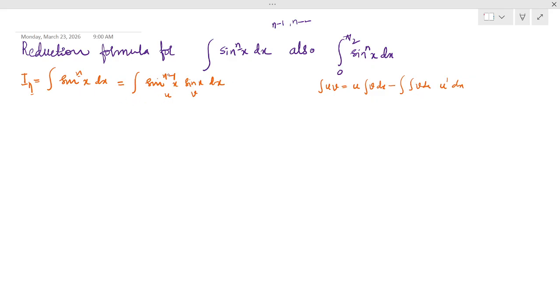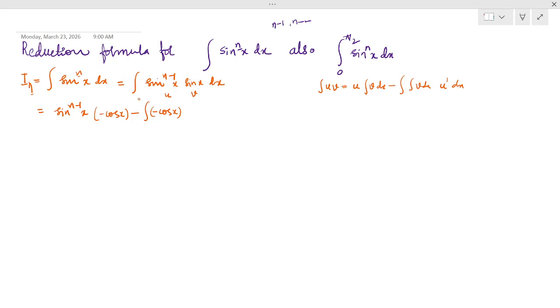Now I will take sin raised to n minus 1 x as the first function and sin x as the second function, and apply integration by parts. First function sin raised to n minus 1 x, integration of sin x is minus cos x, you can write directly.